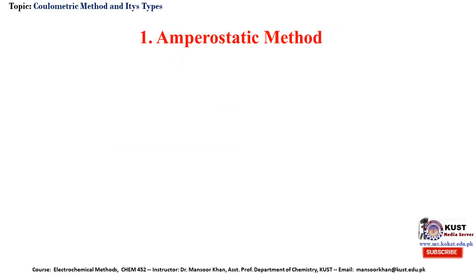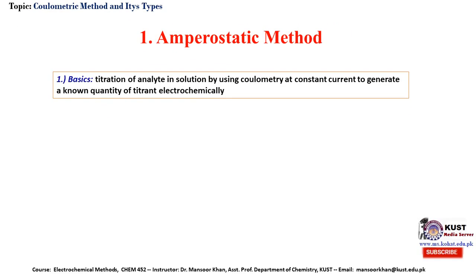So what is the amperostatic method? This is also called coulometric titration, like the earlier example of determination of chloride using Ag in the coulometric method. That was an example of the amperostatic method.